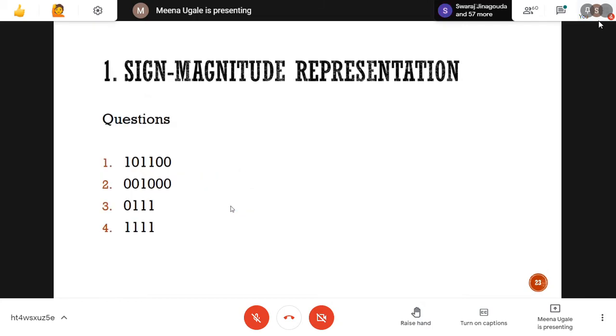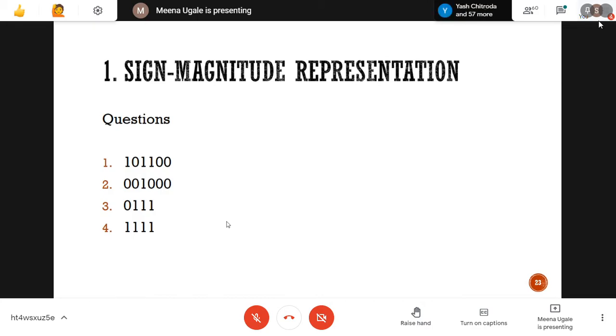Now you can see a few numbers written here. Just read out these values and tell me what the answers are. Just note down these numbers. You got it? The MSB in all the numbers represents your sign bit, whatever number of bits are used here. Just follow this: the MSB is the sign bit and the remaining bits are the magnitude of the number.